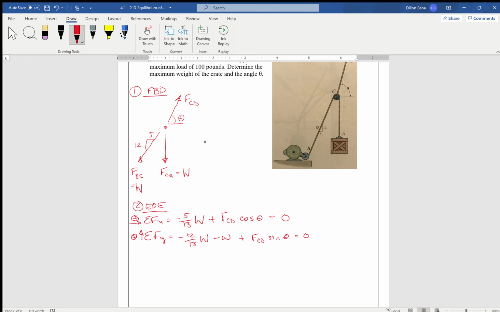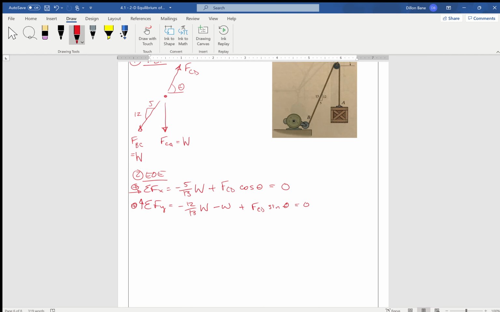So we've got a very small FCD, which means FCD is going to reach 100 pounds first, okay? So let's write that so that we can see this. Note that FCD will reach 100 pounds before W. Okay?